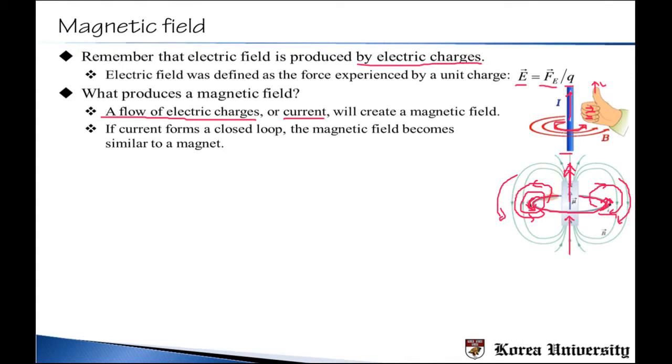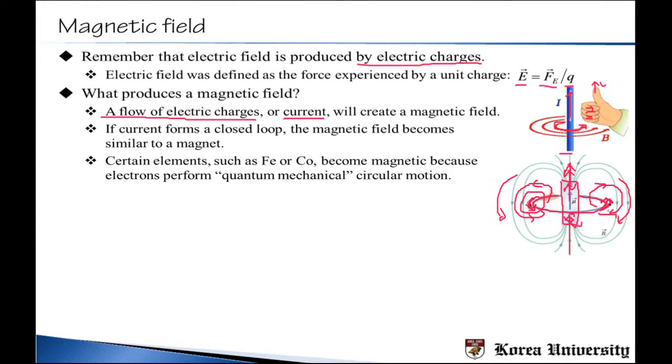This is how the magnetic field will appear when you have a circular current or a loop of current. And this is just like having a magnetic dipole or a permanent magnet in the middle with the north pole on the upper side and the south pole on the lower side. This is how the current is related to the magnetic field.